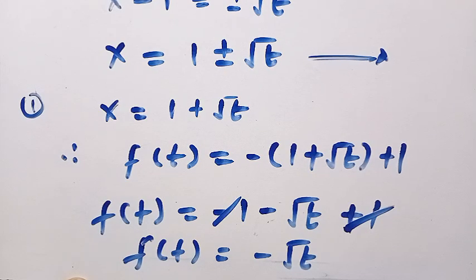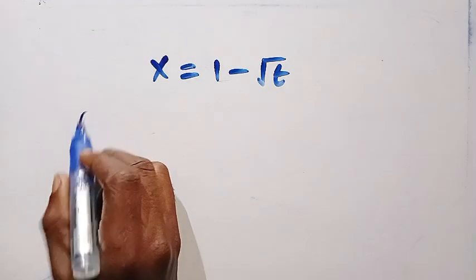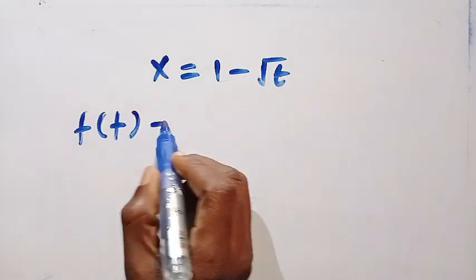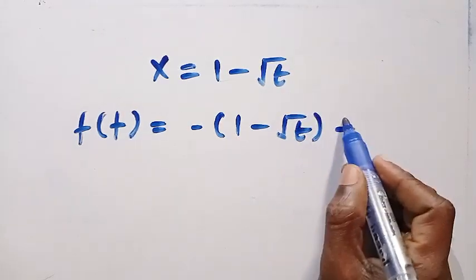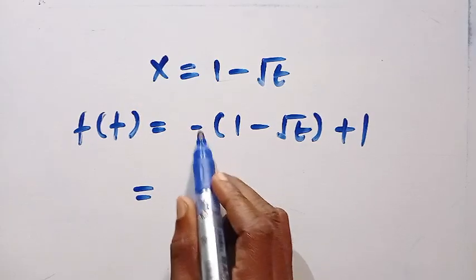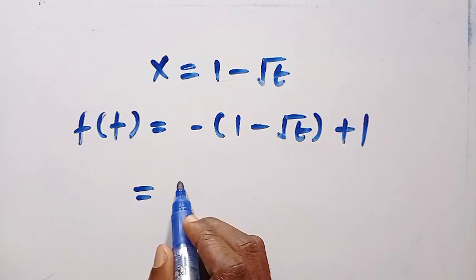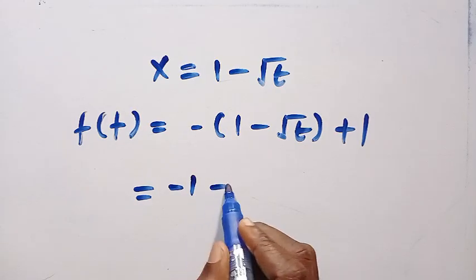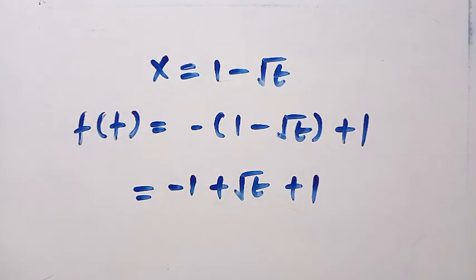And again, we also consider when x equals 1 minus root t. If x equals 1 minus root t, we are going to have f of t equals minus open bracket 1 minus root t plus 1. So when we open this with the negative, we are going to have minus 1 plus root t plus 1.